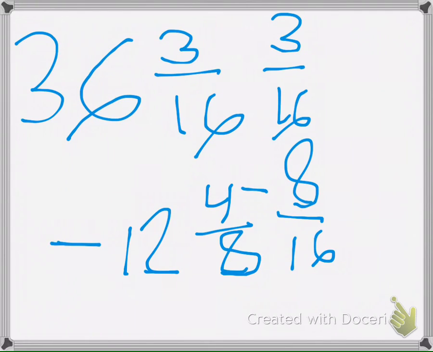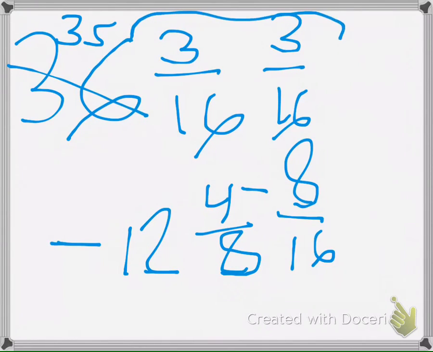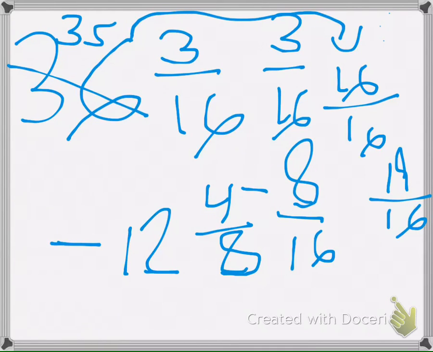Now, can you subtract this? Nope. So you need to change this to 35 and bring a whole number to fraction land, 16 over 16. And do 16 plus 3, that's 19. 19 sixteenths minus 4 sixteenths gives you 15 sixteenths.